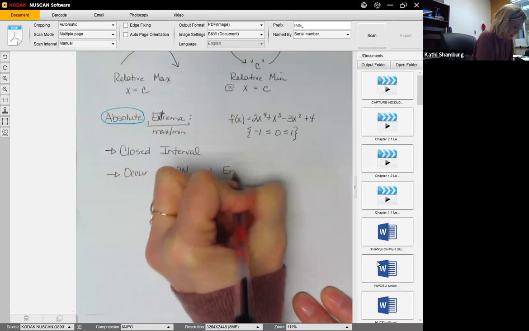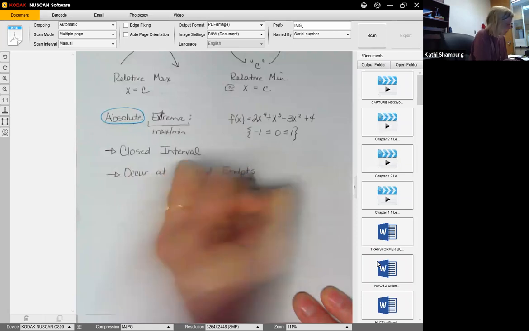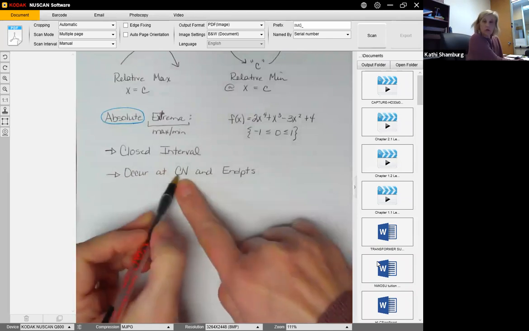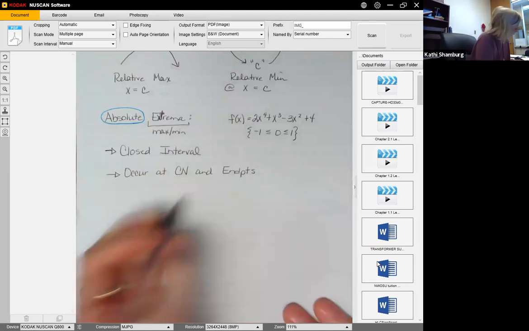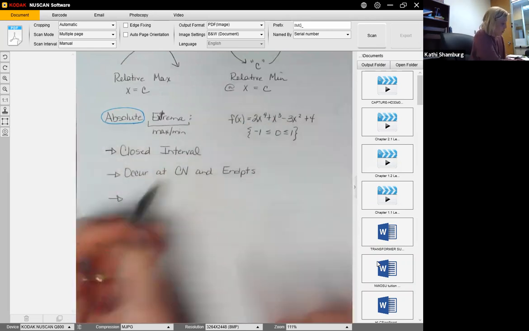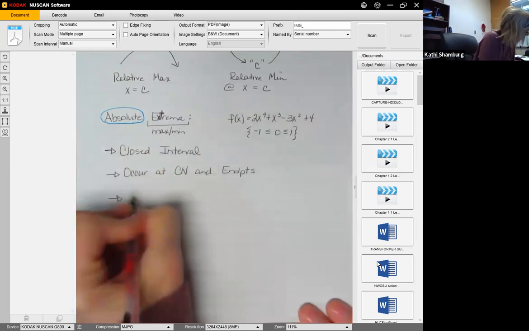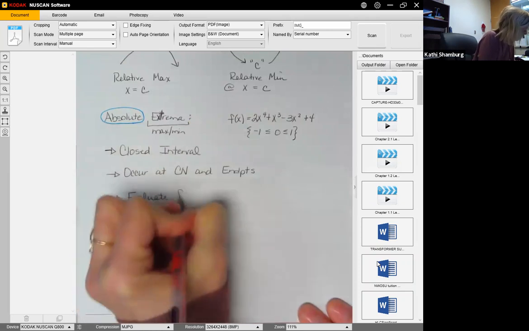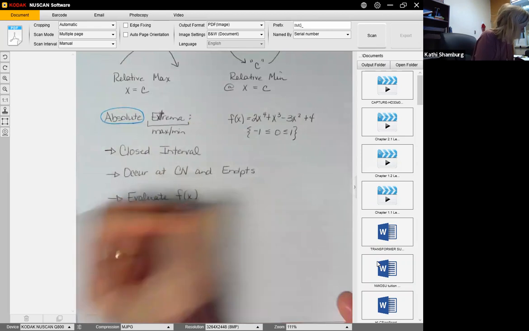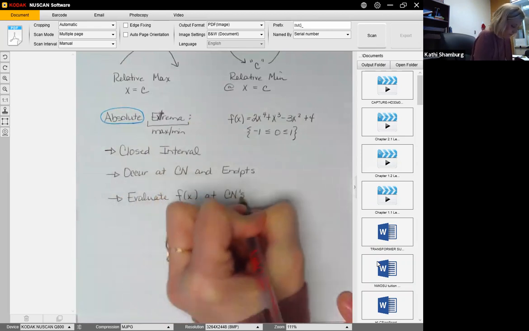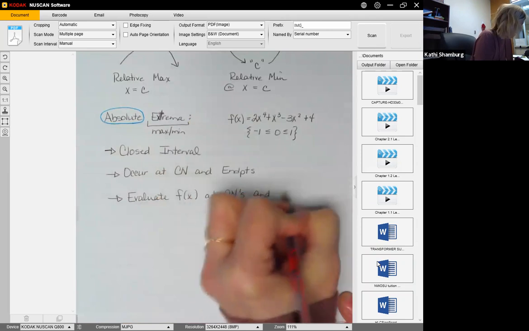and the endpoints. So we have to consider every critical number, every endpoint, and to find the absolute extrema, once we have these, we will evaluate the original function f of x at every critical number and endpoint.